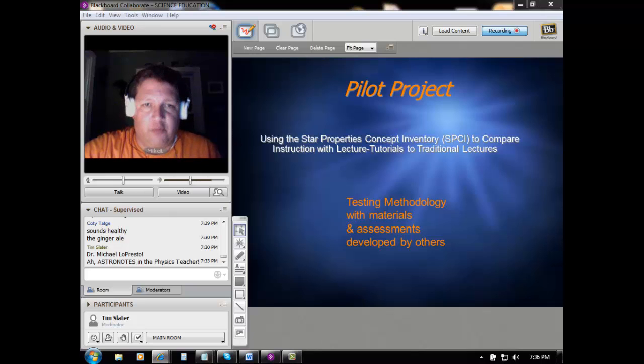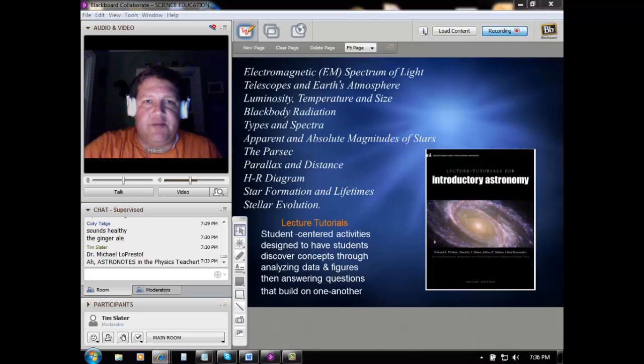Well, before they were going to let me try this with developing my own projects and my own assessments, it made sense to test the methodology with materials and assessments that were developed by others. So pretty obvious to me was Tim and others' lecture tutorial book, although we're now in a new edition, and the unit that I wanted to test was stars.